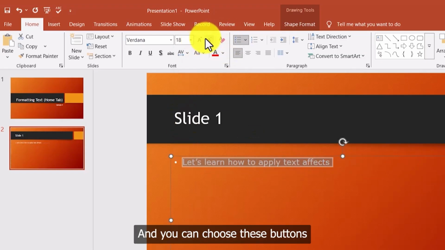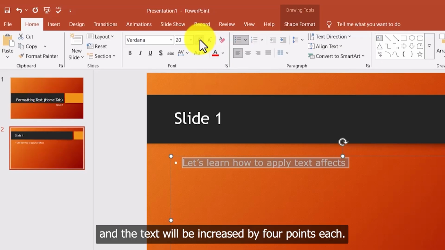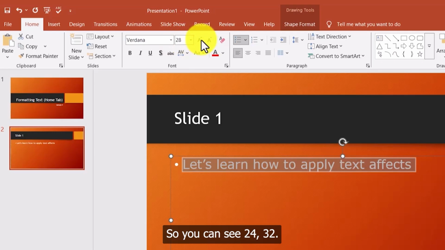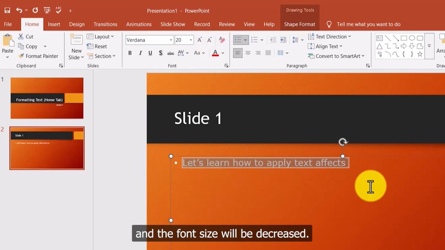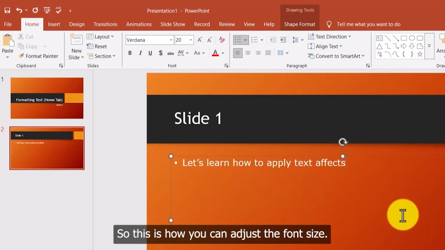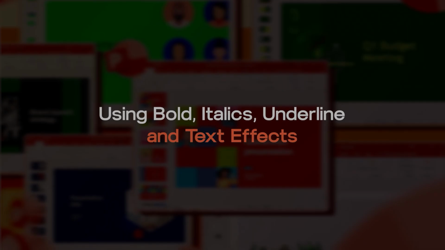You can click on the increase button and the text will be increased by 4 points each. So you can see 24, 32, and you can decrease the font size as well by clicking on this. So this is how you can adjust the font size.